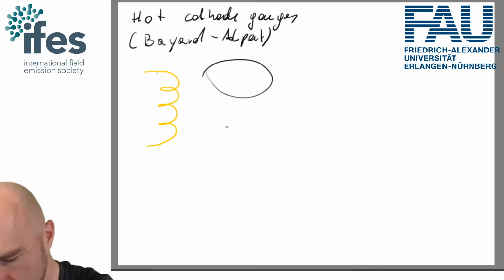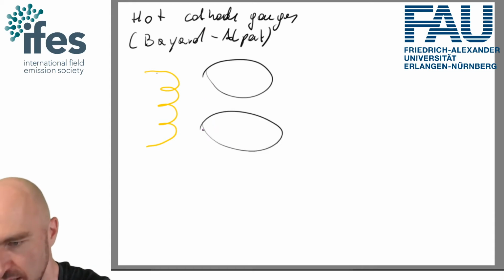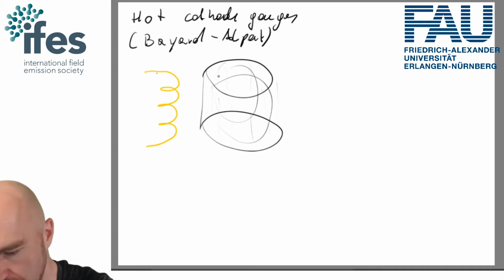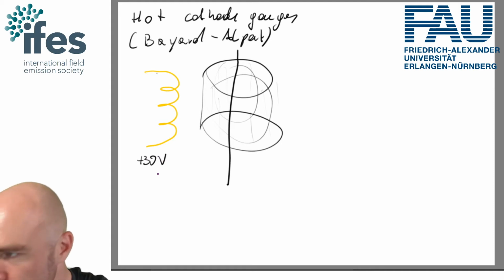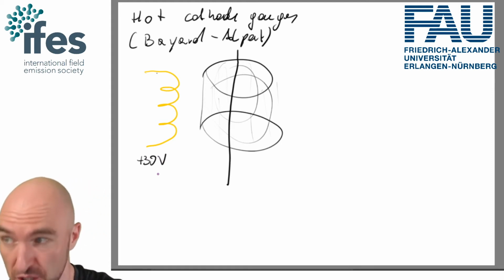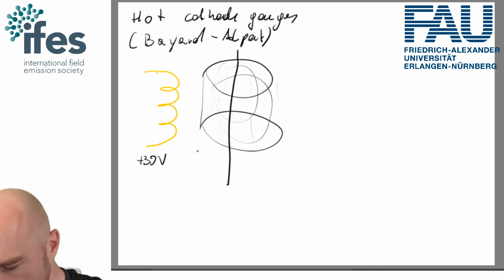And then we have a cage here, and within the cage, we've got a collector wire. Usually the hot cathode is at about plus 30 volts and at some glowy, reddish glowy temperature. Then the cage is at roughly plus 200 volts, and the collector is at 0 volts.